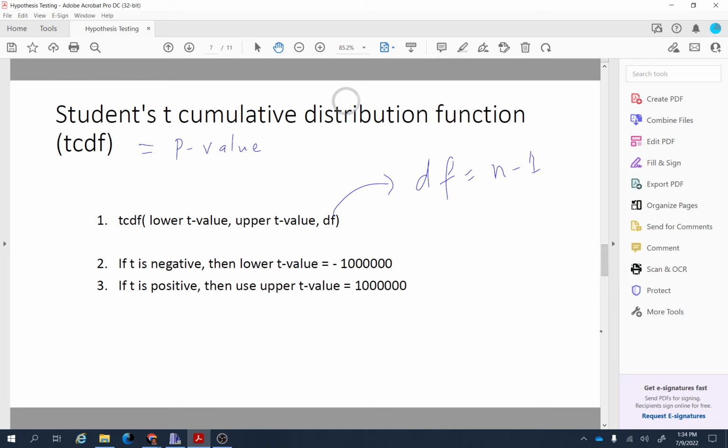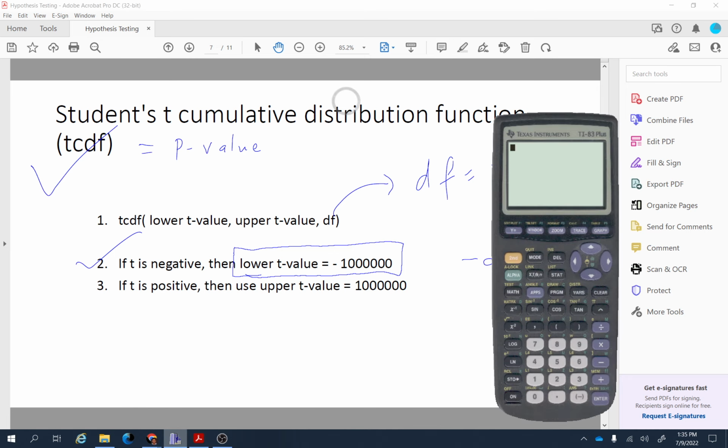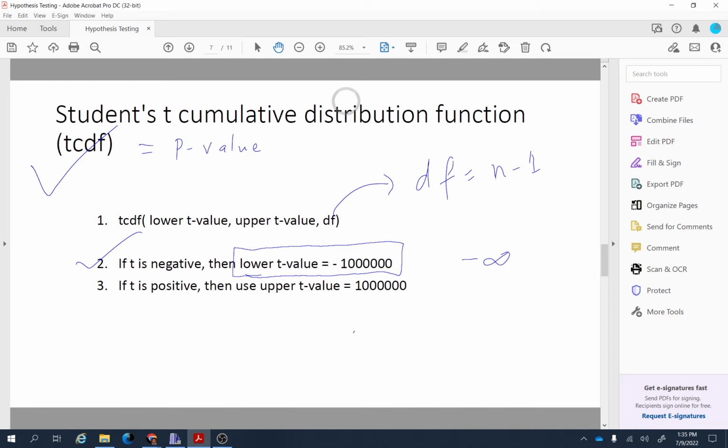In any problem, when you try to use this TCDF, there are two scenarios. One is if the t-value is negative, then we use the lower t-value as a very small number. We're supposed to use negative infinity, but infinity is not available in our calculator, so we use negative 1 million.